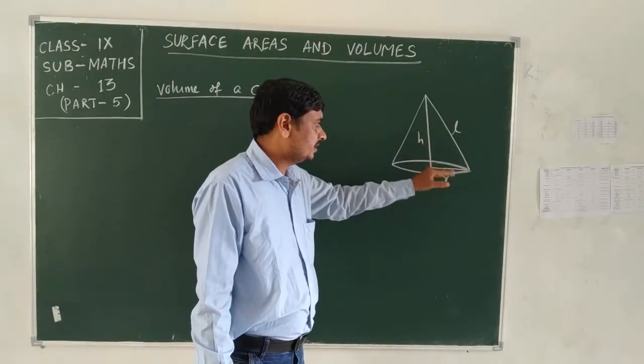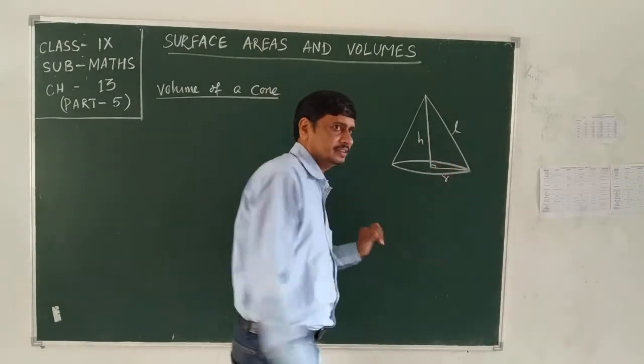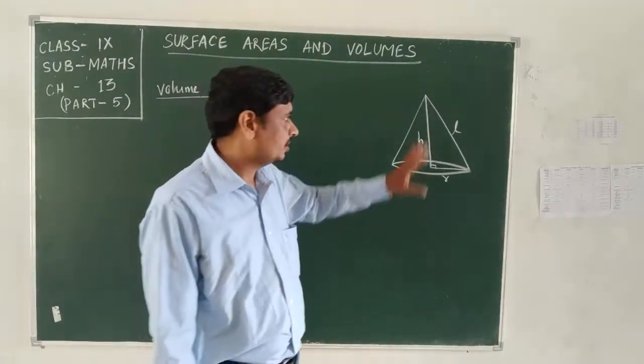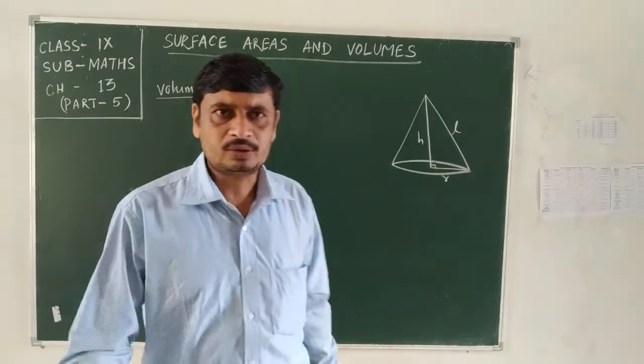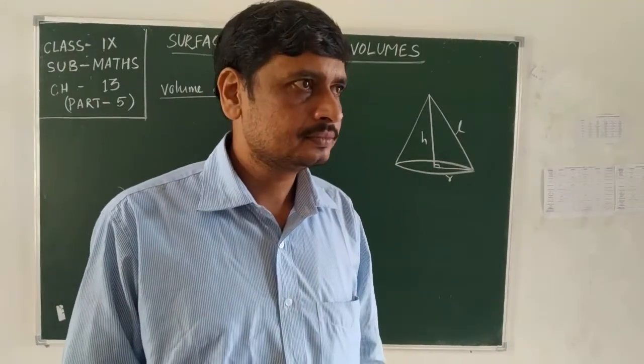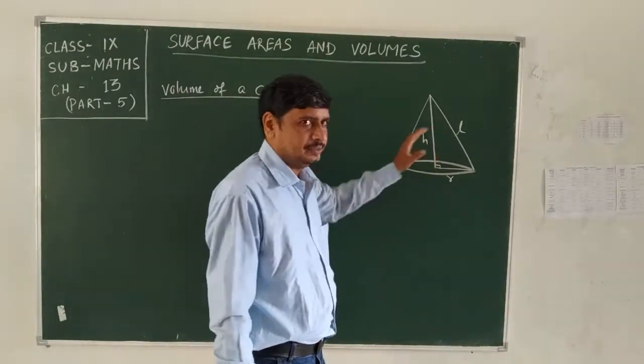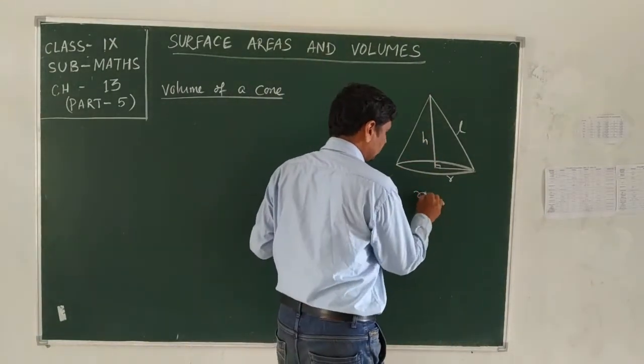If the height of the cone and the radius are inclined by 90 degrees, then the cone is said to be a right circular cone. This type of cone is said to be right circular cone.